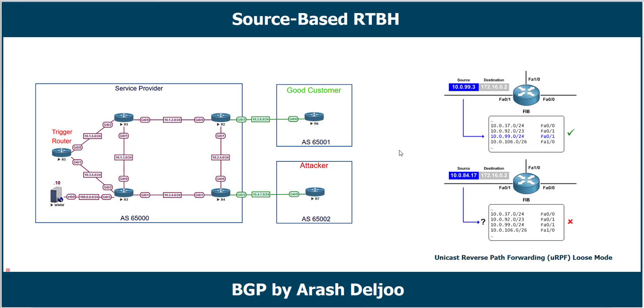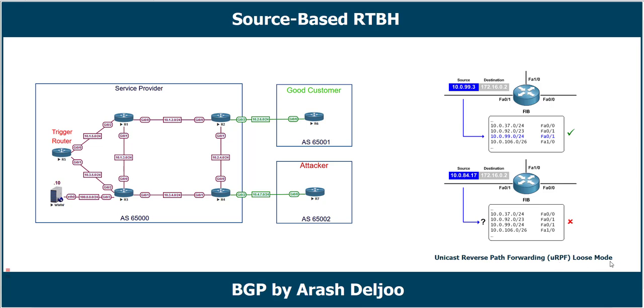It is very easy. If you want to implement source-based RTBH, you need to add one extra feature, uRPF loose mode. As you can see here, we have unicast reverse path forwarding, or uRPF, loose mode.